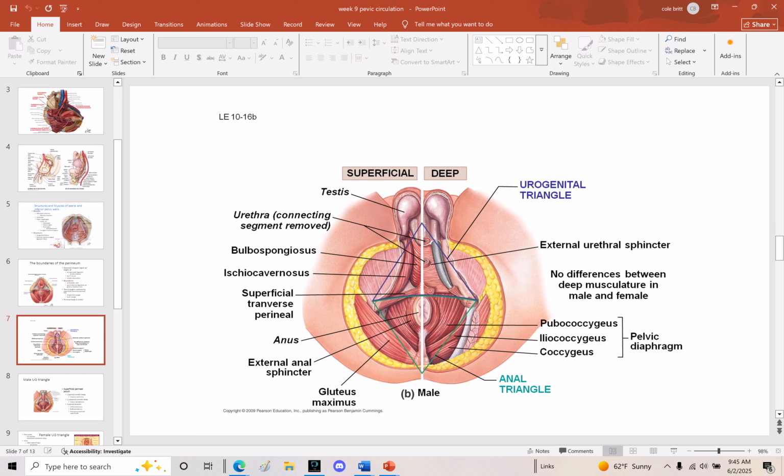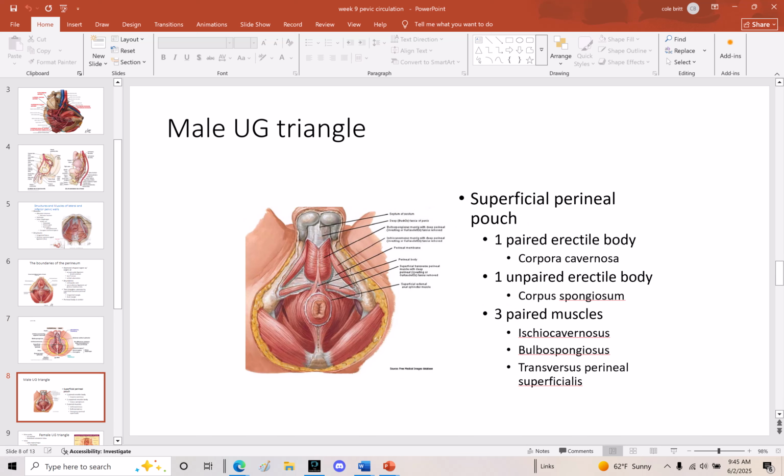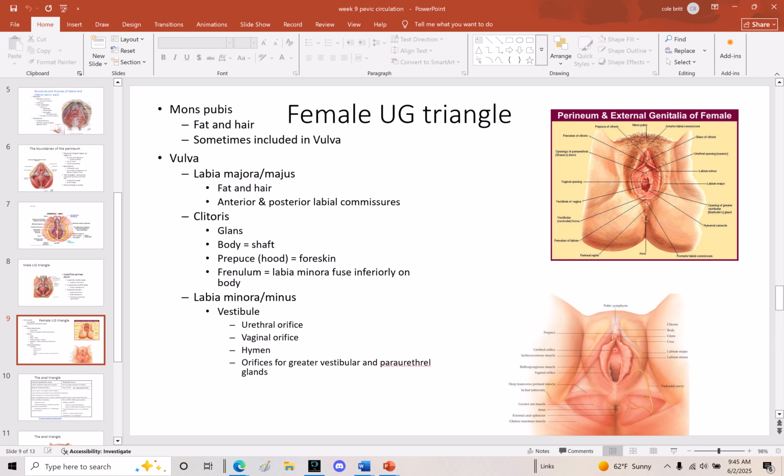All right, so male versus female. We're going to talk about female reproductive organs here in just a few minutes. I'm not going to make a big deal about this, other than just kind of show you the differences. So we have the mons pubis right up here. You got fat here. The labia majora, labia minora. Clitoris right up here. The clitoris does have a shaft, not like the penis, obviously, but it does.